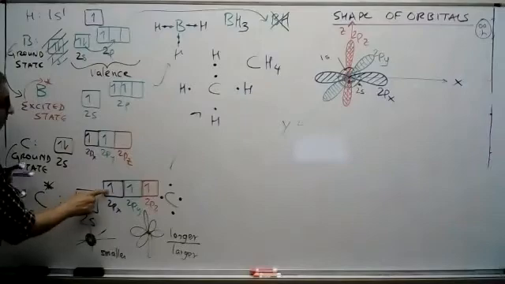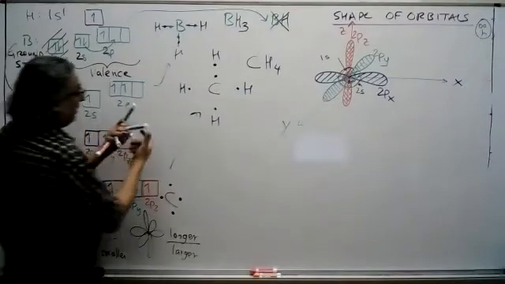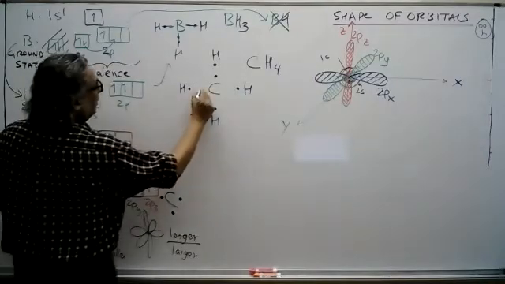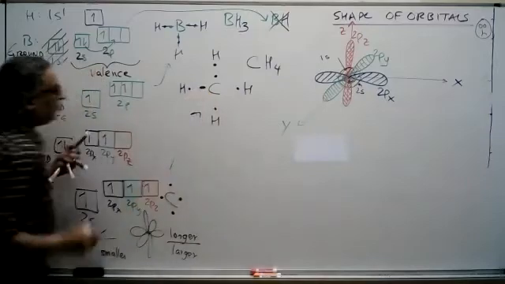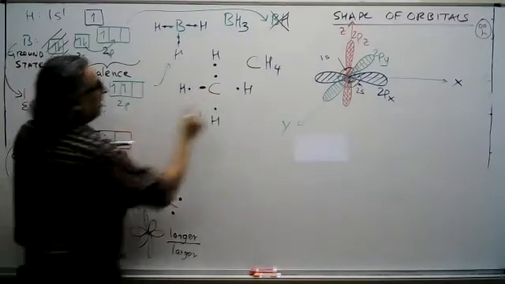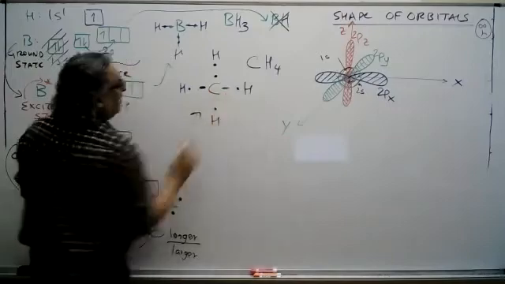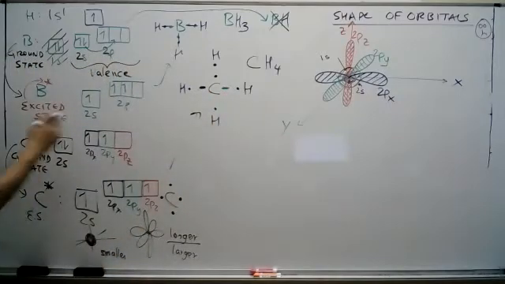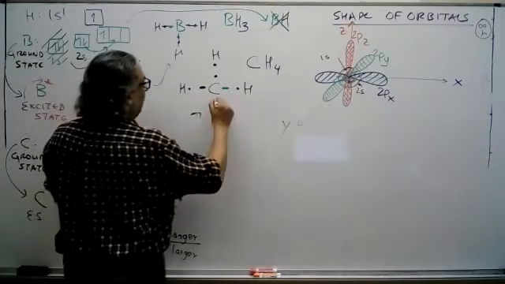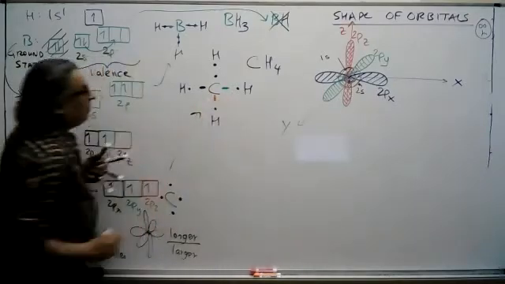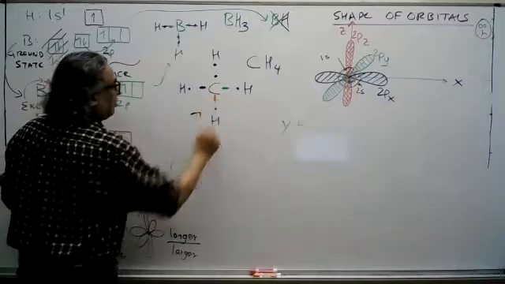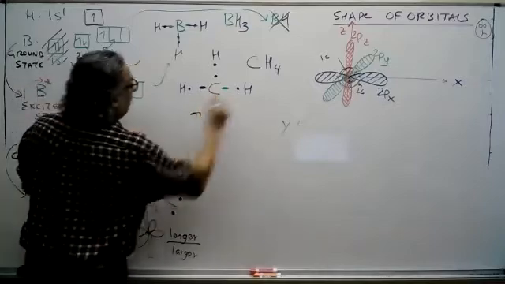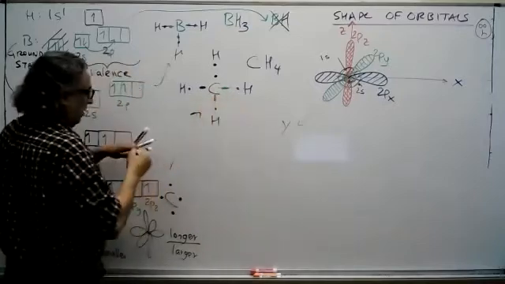This electron is in a p orbital. It's kind of longish. This electron is sitting in a py orbital. The shape of that orbital is kind of longish and bigger. This electron is sitting in an orbital like that. So that's one bond. This is one bond.